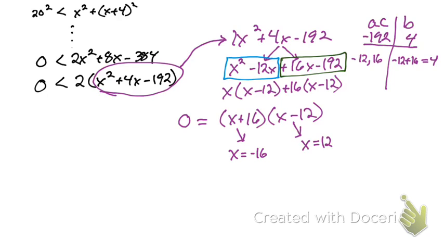But we can't use the negative. If I plug a 12 in for this, I would end up equaling 0, but I want this to be bigger than 0. So we're going to pick any value where x is bigger than 12, and that will make it true. So it all had to do with a bunch of factoring.